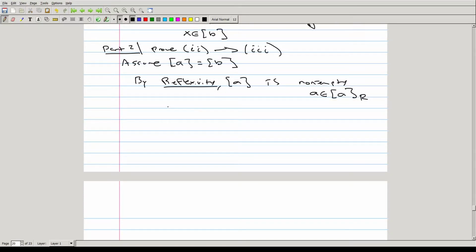Therefore, the intersection of the equivalence class of A with that of B is going to be a non-empty set.